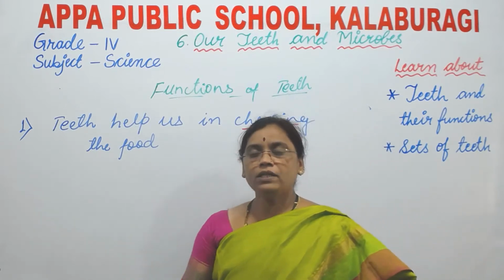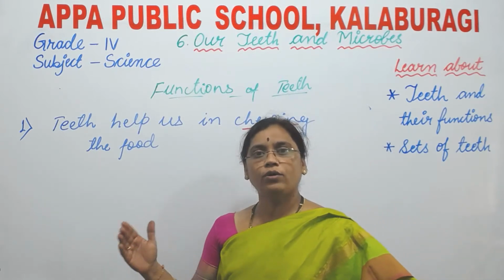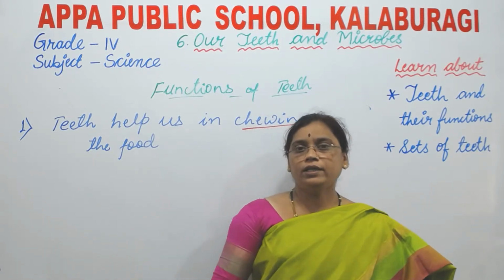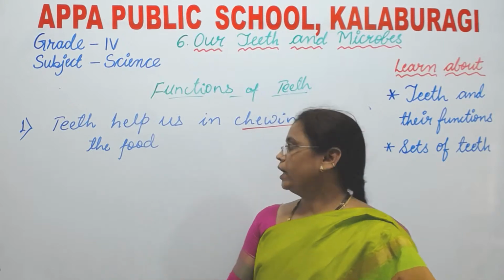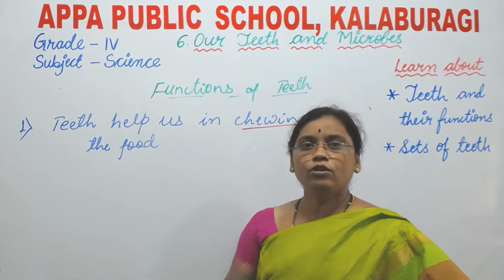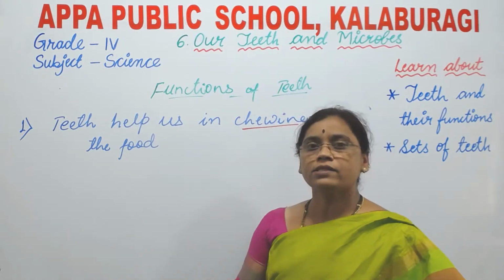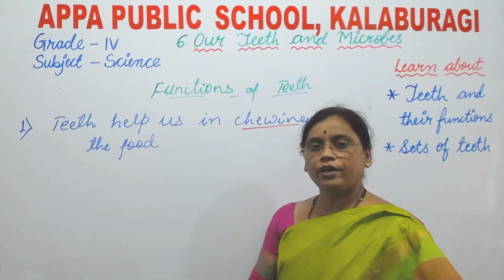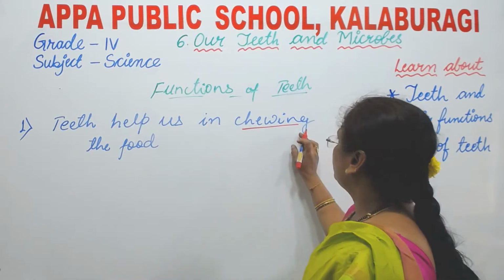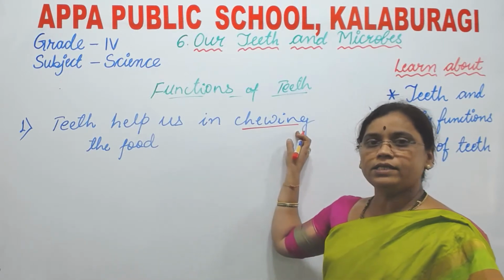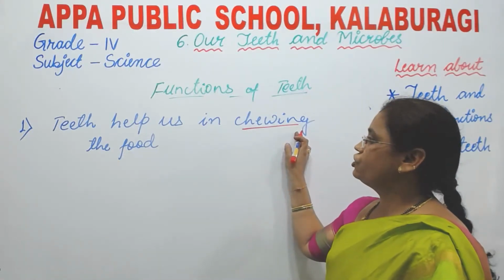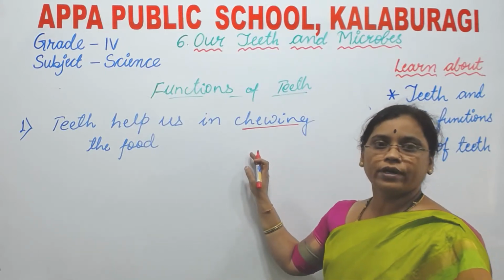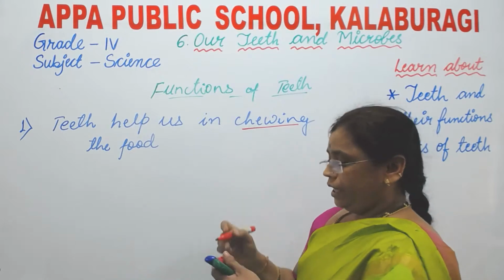So it has to be broken down into smaller parts so that it can be swallowed easily. That is known as chewing. So teeth help us in chewing the food. This is the important function of teeth.